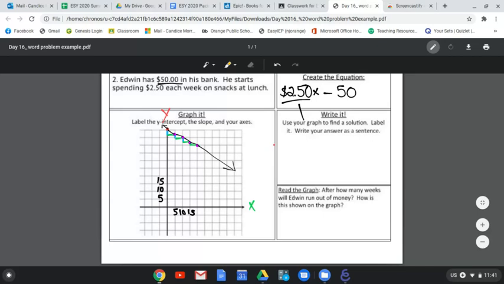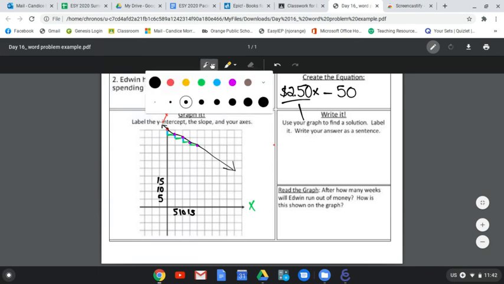So 2.50, we're just basically going to guess and check. So 2.50 times 25. Nope, that would be too much. 20. Aha! If you guess and check, what I did is I used a high number. So I knew that this was a matter of 4 weeks, so I did 4 weeks and then I got 10. So 50 minus 10 is 40.